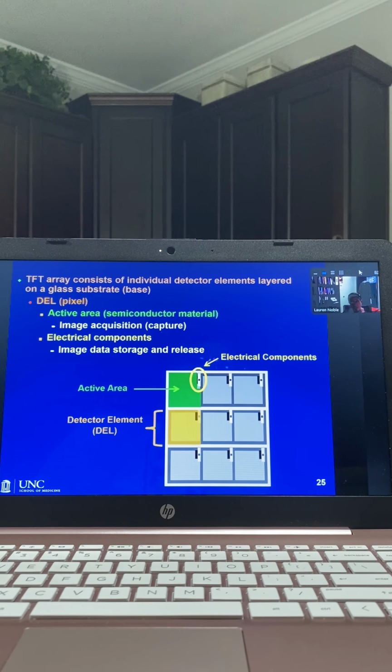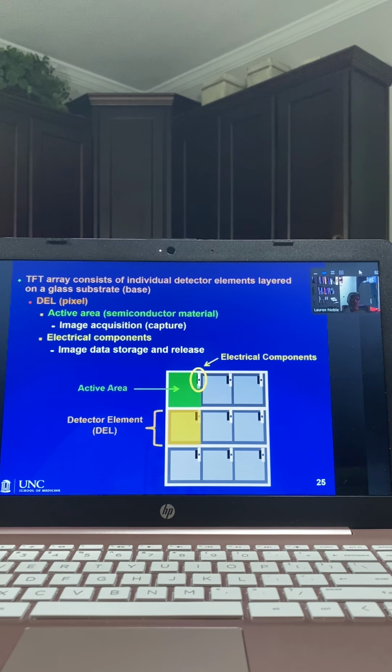And the DEL consists of an active area and then an electrical component area. Every DEL has an active area, which is the light gray, and then it has a little electrical component area that runs underneath, but will also occupy the top corner of those DELs. So the DEL is the square in its entirety, the pixel in its entirety, and these are the two components that make up the DEL. Does that help you?